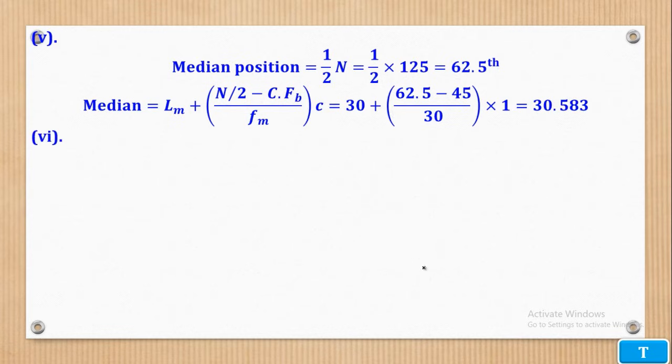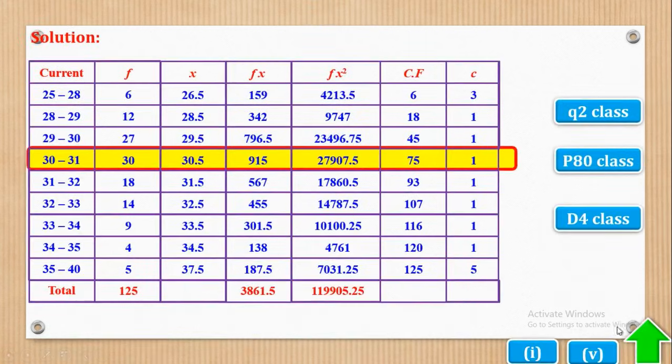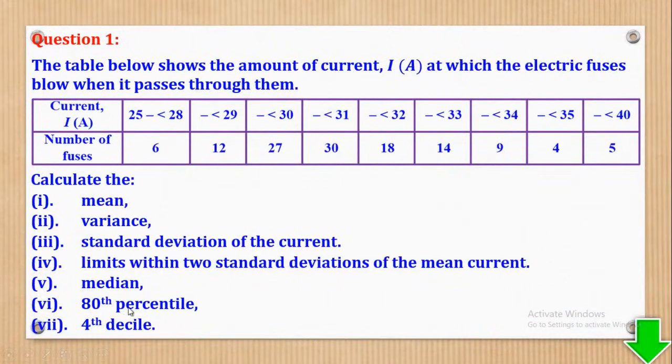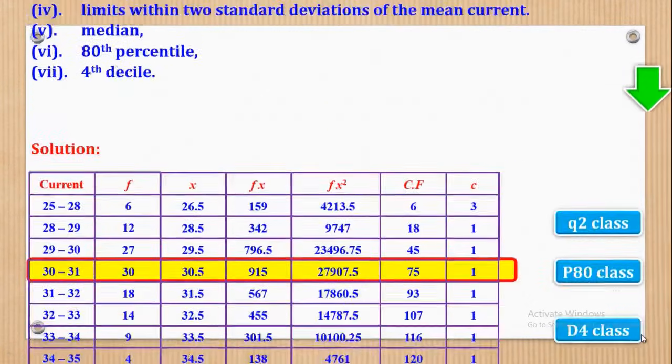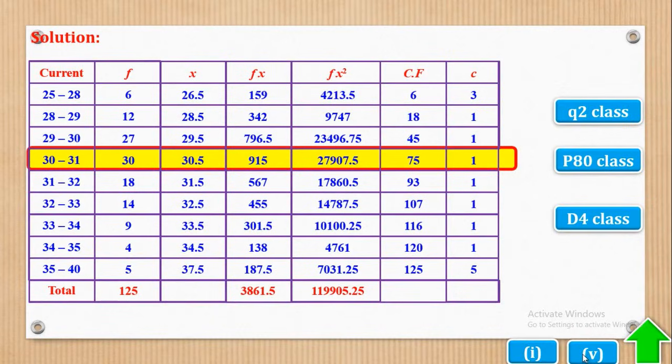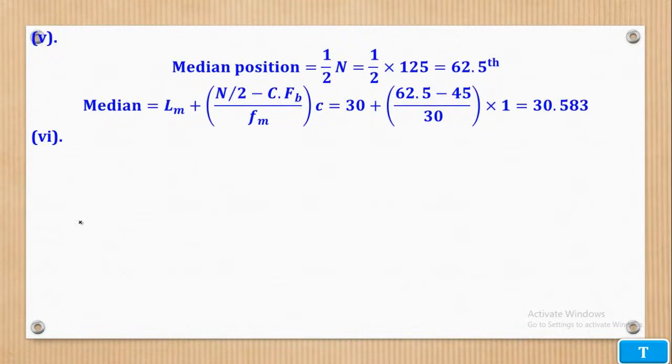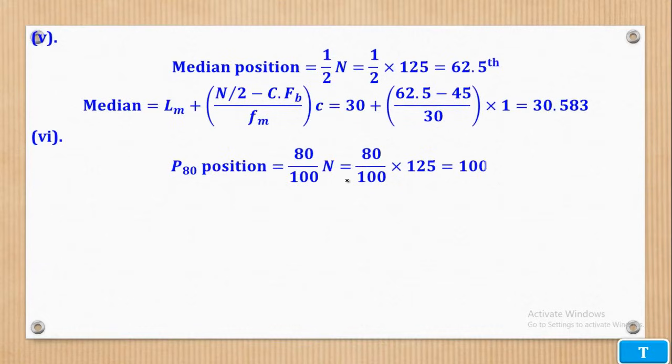That was Roman 5. What about Roman 6? Roman 6, they wanted the 80th percentile. So that means that we have to first get the position. So the P80 position will be 80 over 100 times n, where n was 125, and that gives 100. So we shall look for that 100 in the CF column.